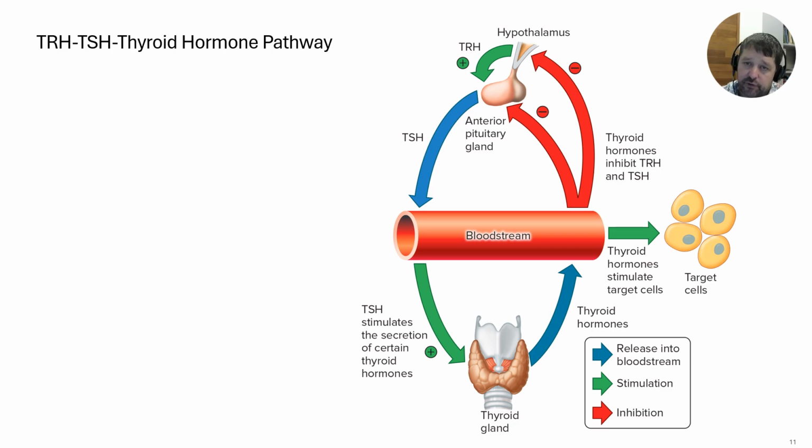Too much of it travels back to the pituitary gland or the hypothalamus and shuts different regions of this down. That is how we create homeostasis within the body, to not overproduce thyroid releasing hormone or thyroid stimulating hormone, and control this pathway.